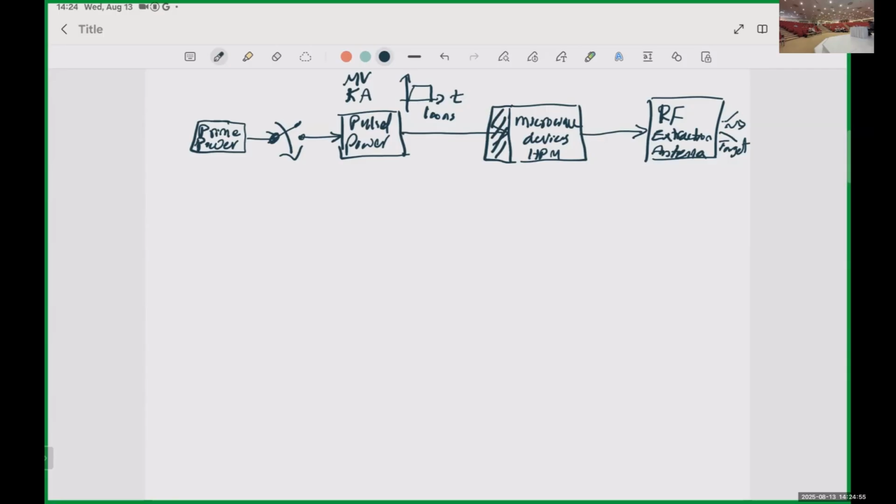Now don't confuse this. After the microwave source, you're going to have a pulsed RF signal. Now you have high frequency, and this is what you are trying to radiate. If you want to change the mode, you can have a mode converter here, what I call an RF extraction.